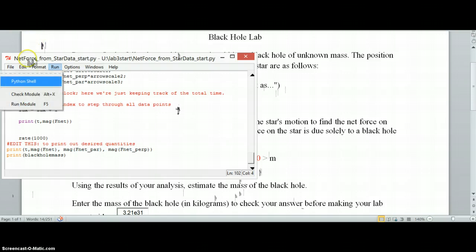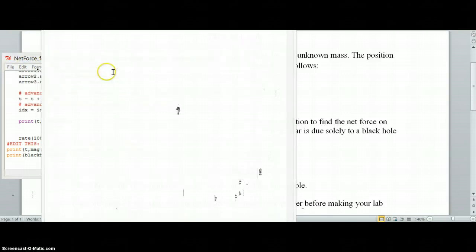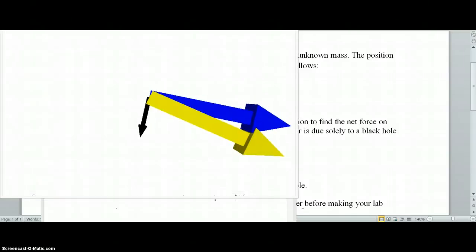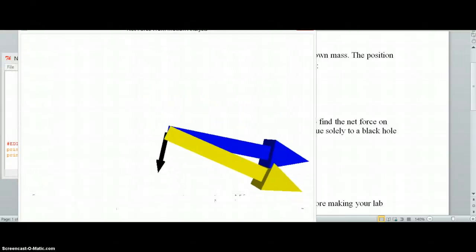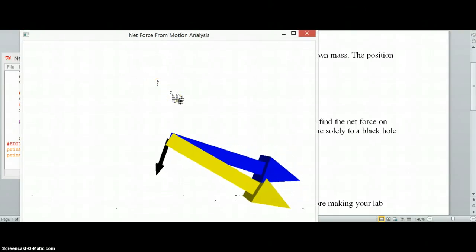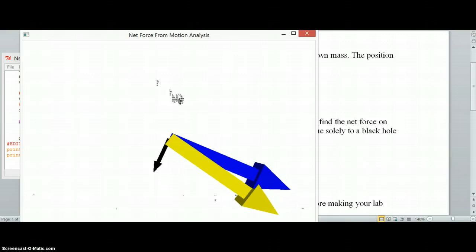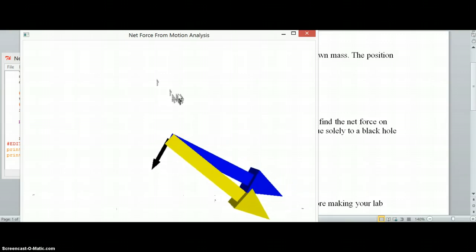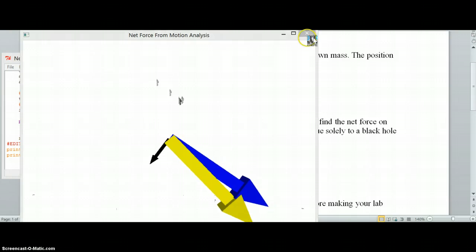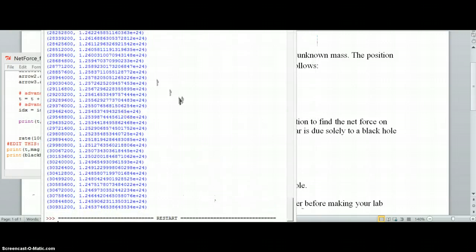So I'm going to run a little bit of the program for you so you can see what my results were. So you can see my 3 arrows, my yellow arrow, my Fnet, my blue arrow is the Fnet perpendicular, and the black arrow, the Fnet parallel. I don't have a lot of time, so I'm not going to run the whole program, but you can see the output here.